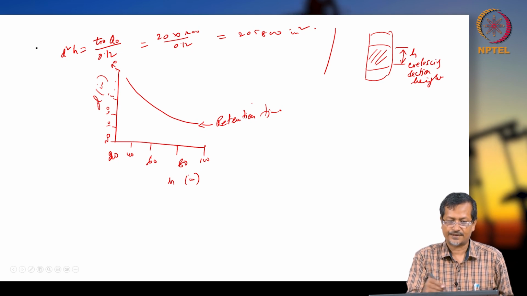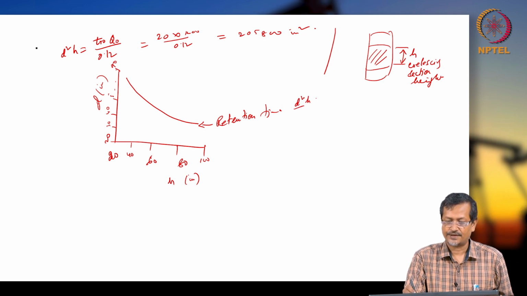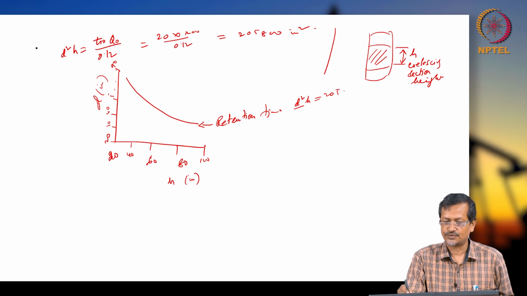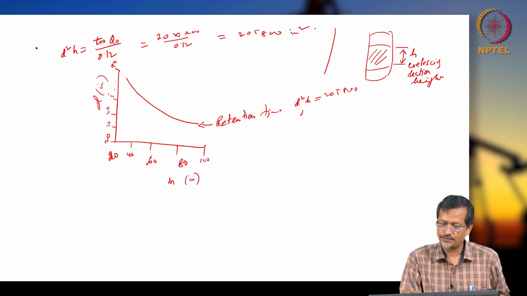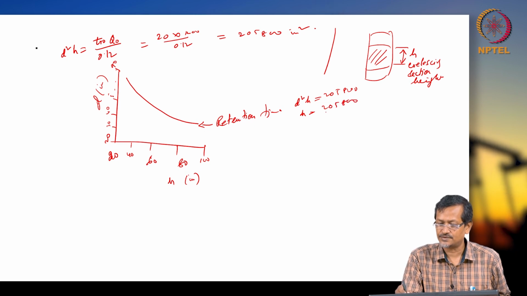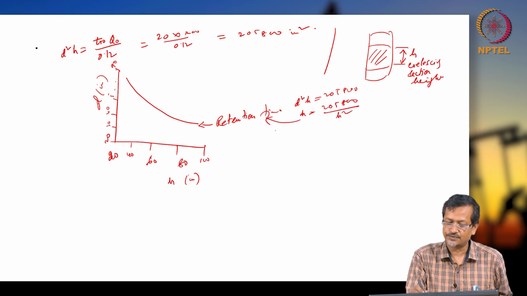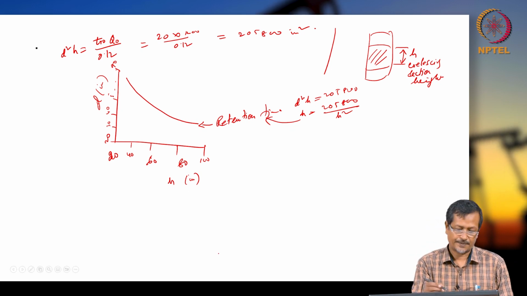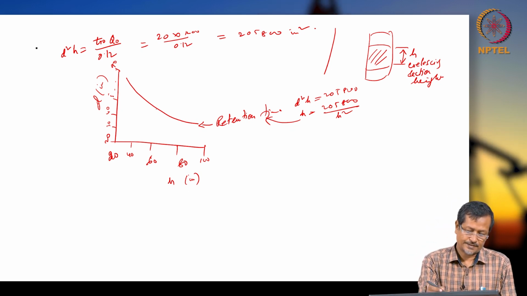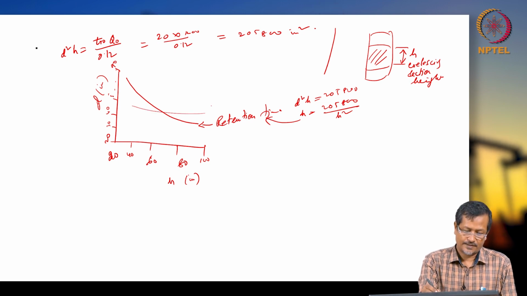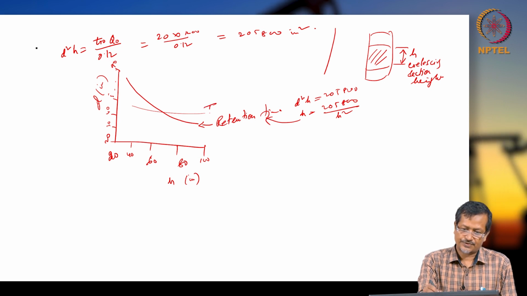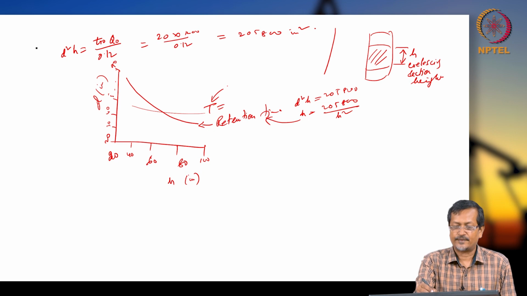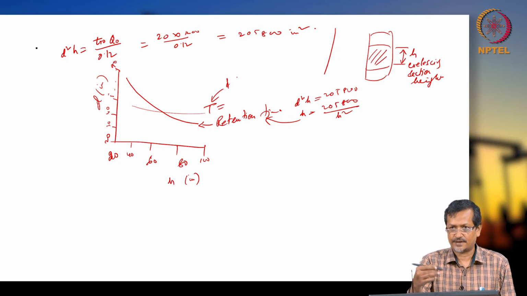For the retention time based calculation, d square h equals 205800, so h equals 205800 divided by d square. This is your curve from here. The other curves will be like this, for temperature 125 and other temperatures; capital T I am using for temperature, small t for time.